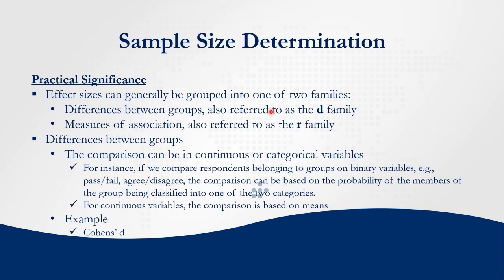If you're looking at pass, fail, that would be binary, comparing pass, fail for those on this method versus those on the other method. The effect size comes from those kinds of comparisons in the D family, and one can use Cohen's D.